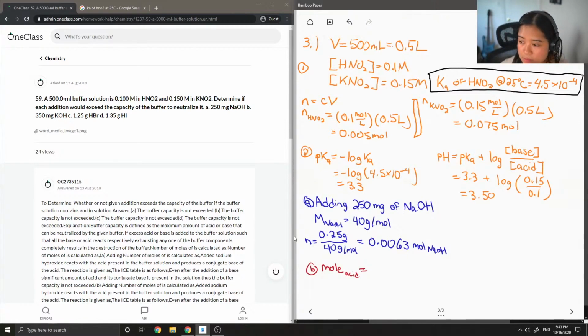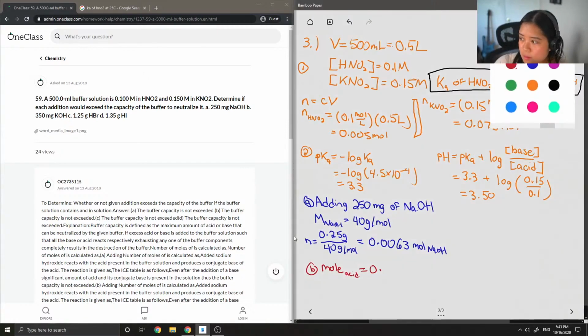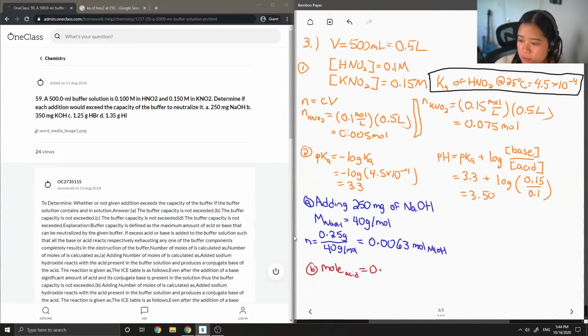So for the moles of the acid, we started off with the 0.05.